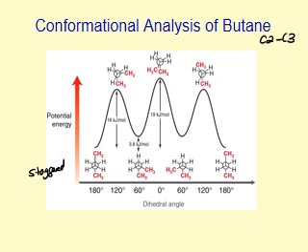We can have the one named here, which we'll go through also on the next slide, and this is going to be referred to as anti, kind of opposite, where those two methyl groups are opposite of each other. And you will hopefully see between this and the next slide why that is the lowest energy conformation. Then we have our eclipsed, which will be higher in energy.